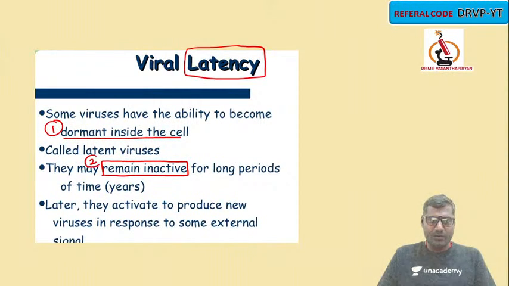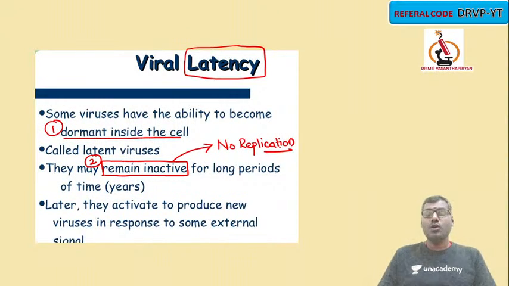That is the second point. Remaining inactive means there is no replication of the virus. Strictly speaking, there is no replication because it remains inactive inside the host cell in a dormant state, which we call latency.